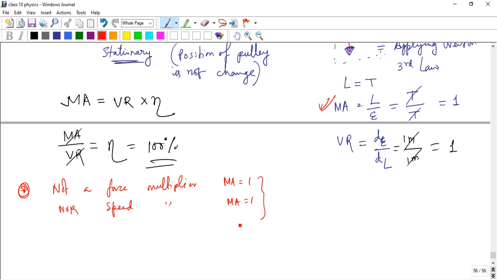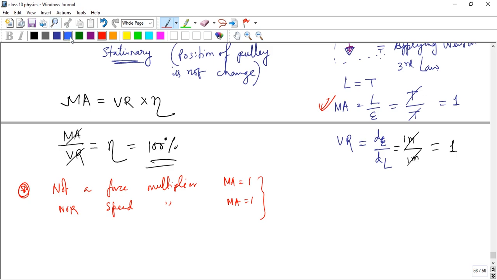That's right. So what is a pulley used for? If we do not use it as a force multiplier or as a speed multiplier, the pulley is used only to change the direction of the effort, the force applied.